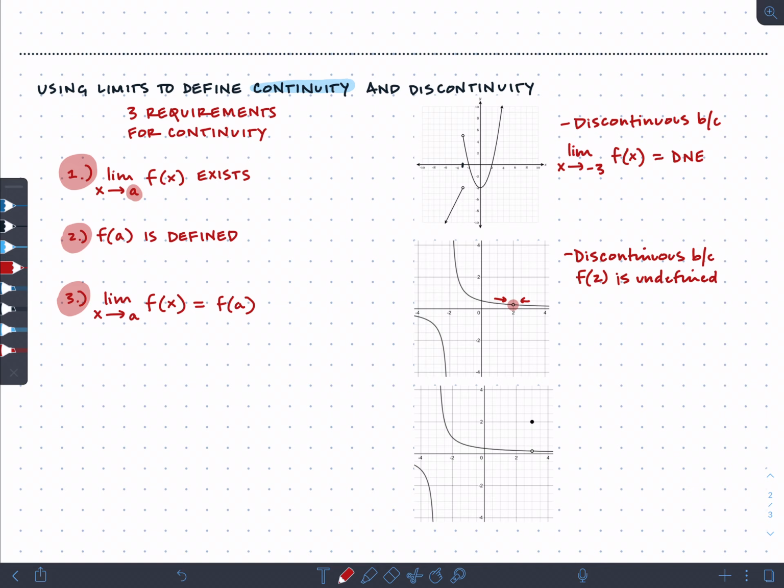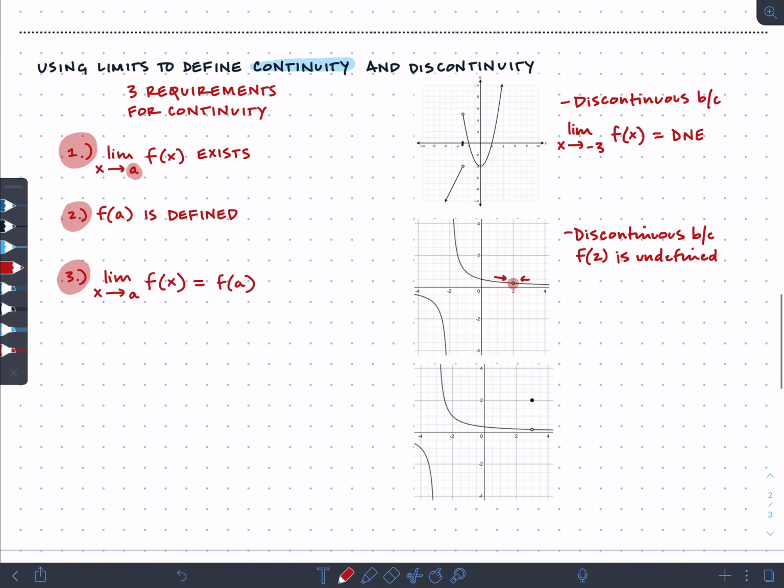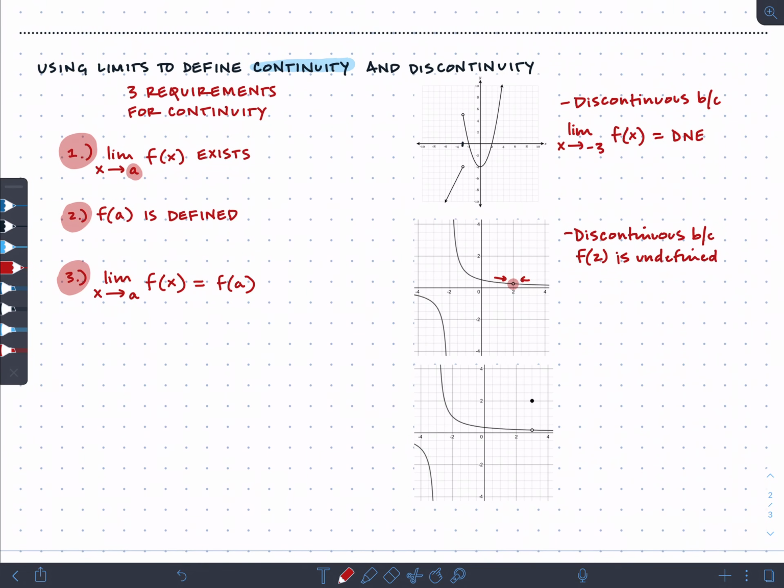All right? In our last example, okay? Does the limit exist at 3? Yep, limit exists. Everything's approaching the same value. How about f of a is defined? Actually, yep, f of a is defined. It actually equals 2. But notice that our last rule is being broken, that the limit is not equal to f of a.